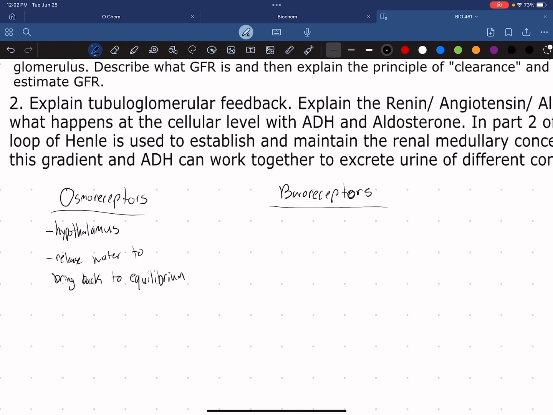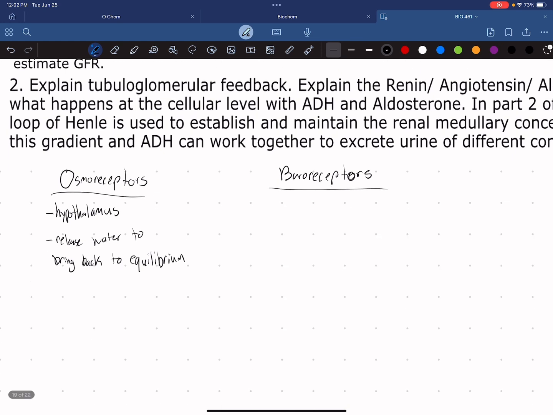And what happens is, as these osmoreceptors release water, they will shrink, which causes action potentials in the posterior pituitary gland, which leads to the increase in release of ADH, or antidiuretic hormone.